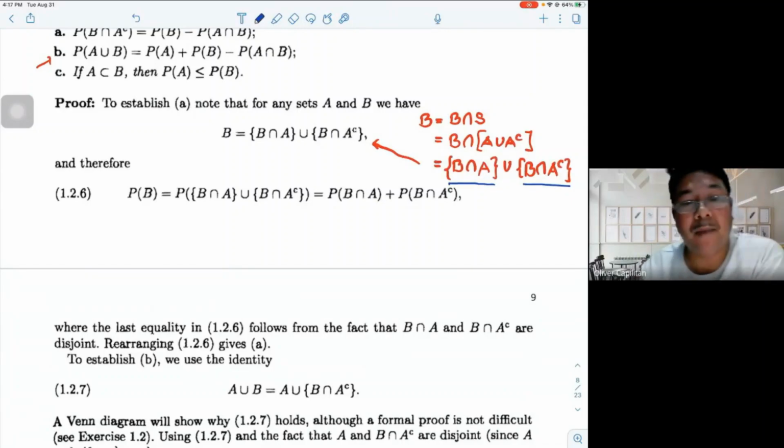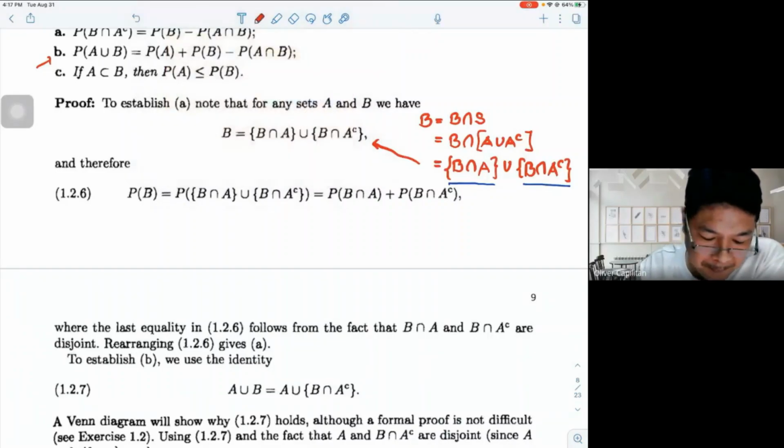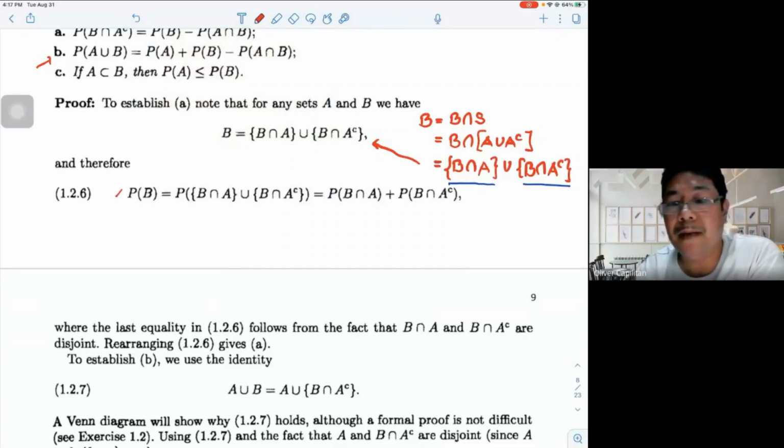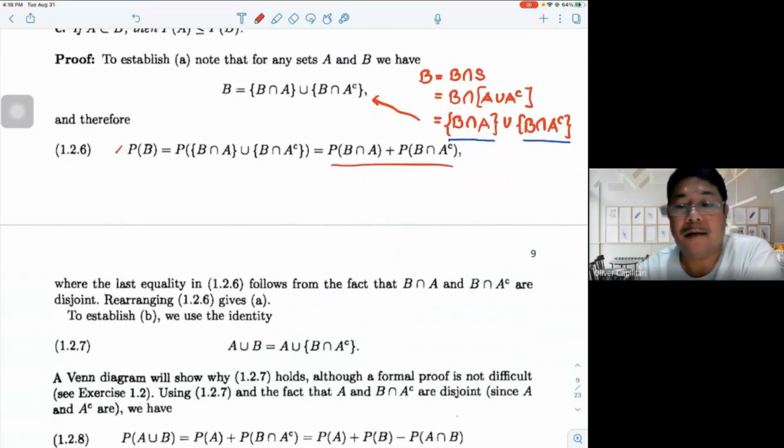So we're going to take the probability on both sides. The probability of B will be equal to the probability of the union of these two sets that are disjoint. Since they are disjoint, we can now apply the third axiom in our probability function, and that would be equal to the sum of their probabilities. From that, A is satisfied.